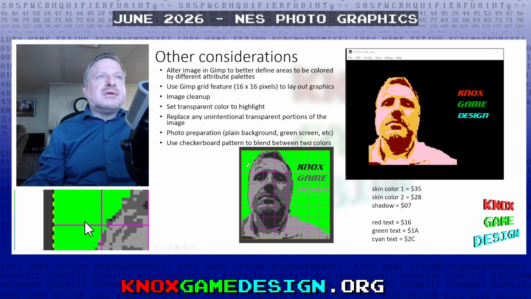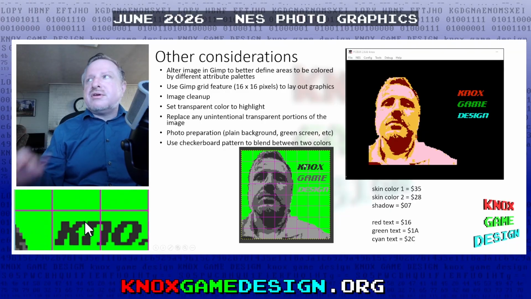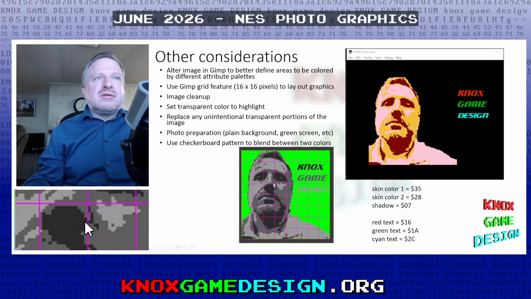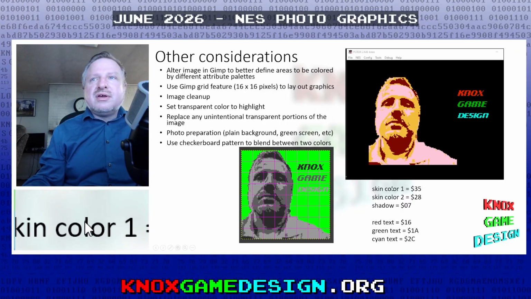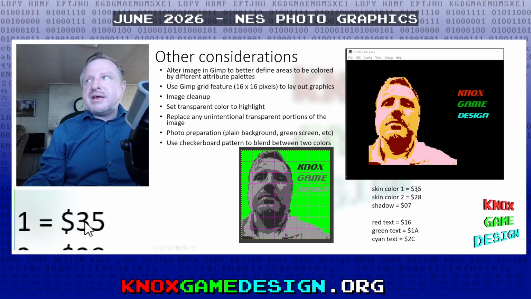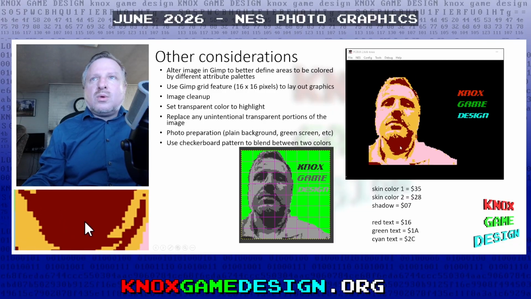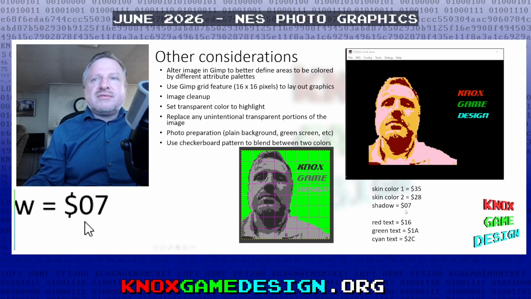And then in my image, I set the background color to this bright green, so I knew exactly what the background color was. Then my image is only 3 colors. I have 2 different skin tone colors, hexadecimal 35 and hexadecimal 28. Then this orangish shadow color is hexadecimal 07.